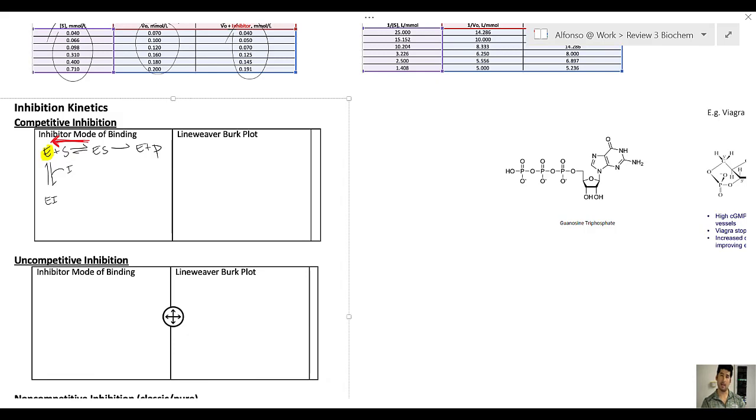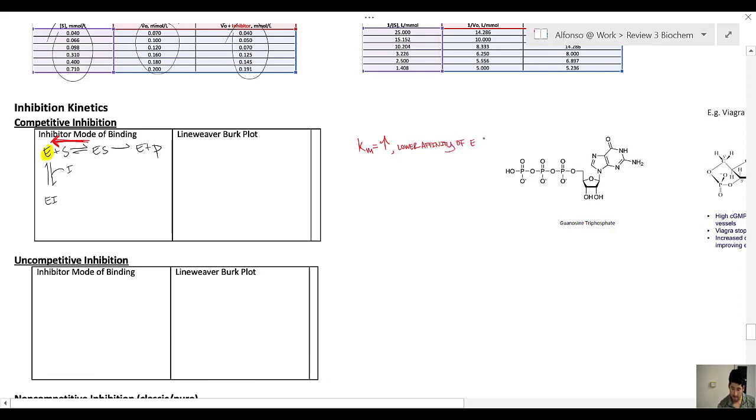So what does this mean in terms of Km? This means that the Km is increasing, and an increased Km means a decreased affinity of the enzyme for its substrate. So Km is increasing, and that means a lower affinity of enzyme for substrate.